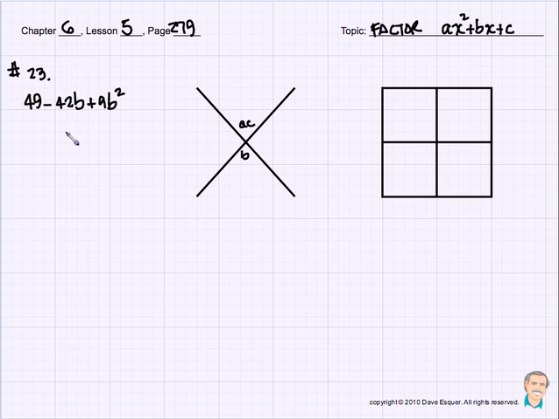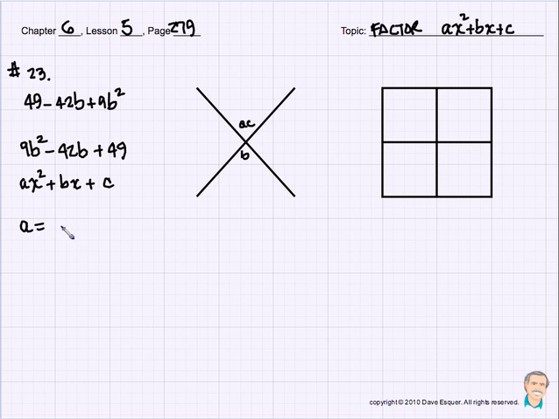Let's try number 23. 49 minus 42b plus 9b squared. Again, this problem is on page 279. Looks a little freaky for me, but things are commutative. I'm going to rewrite it as 9b squared minus 42b plus 49. And I'm going to say this is ax squared plus bx plus c, and the b is the x. That's all the difference.